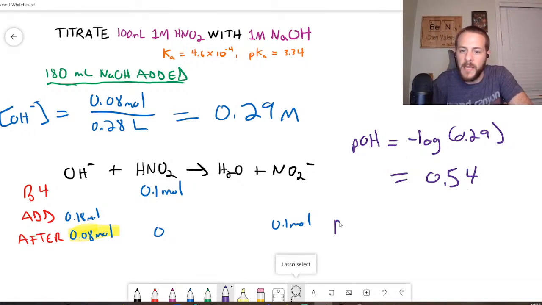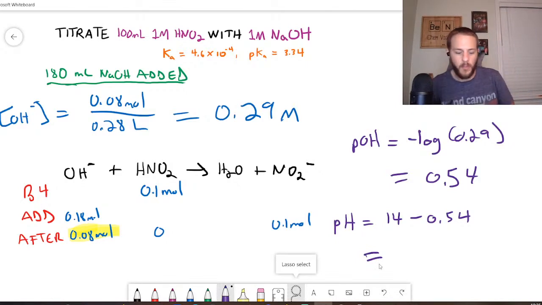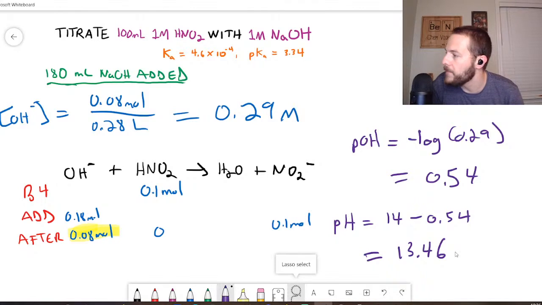And to get pH, all we need to do is take 14 and subtract 0.54 from it. 14 minus 0.54, and I got a value of 13.46. 13.46 is our pH, right?